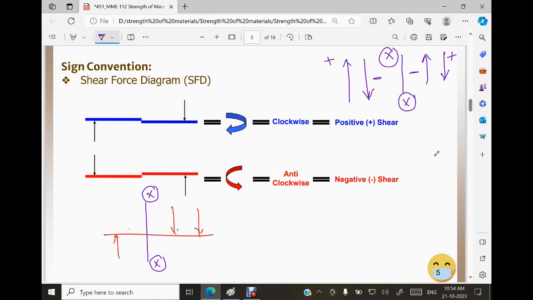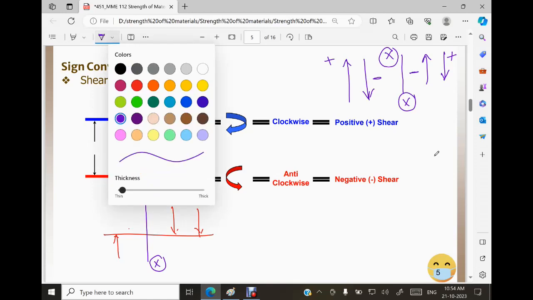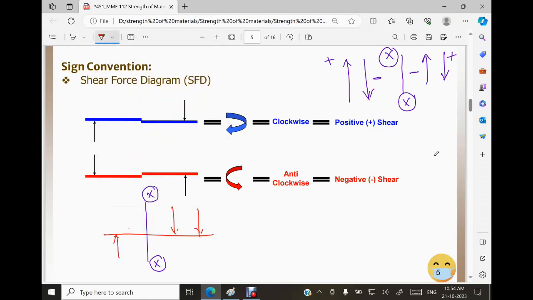So now here if I add one force, let us say there is one force over here, acting up. Now on the right side, what are the forces? Let us say this is 10, this is 5, this is 15. So on the right side, right side upward is negative, is it not?